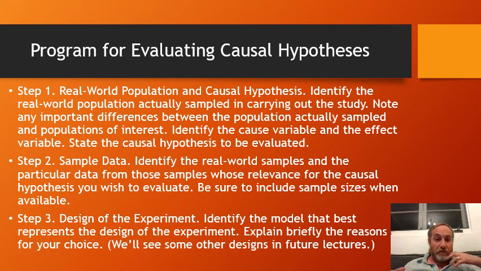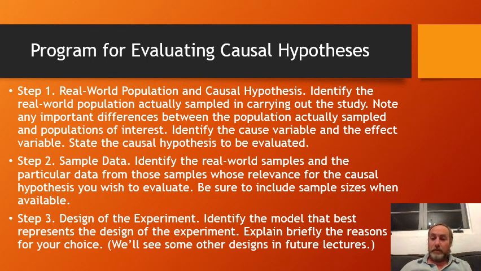Here is a good point where you might note any important differences between the population actually sampled and the population of interest. It is important that, in this case, the population of interest is humans and the population actually sampled is rats. You want to identify the cause variable and the effect variable, and then state the causal hypothesis, that there's a positive causal relationship between X and Y, something like that. Okay, so that's step one.